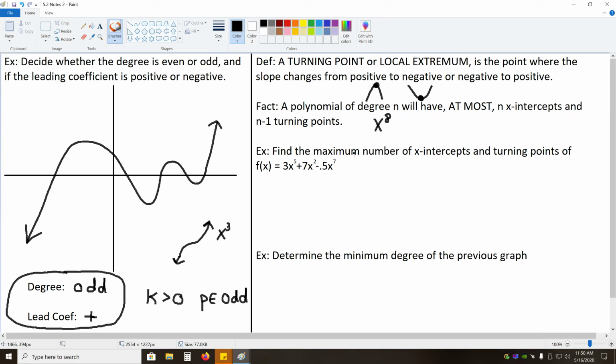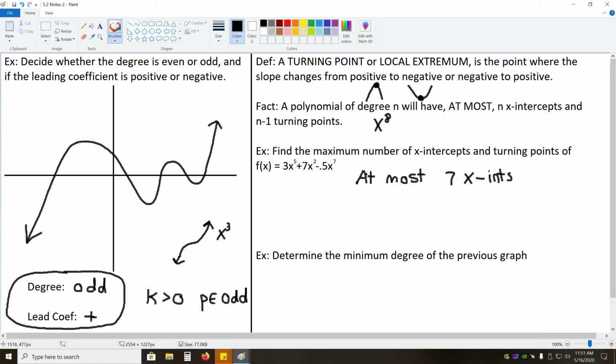So let's go ahead and try an example. We want to find the maximum number of x-intercepts and turning points of f of x equals 3x to the 5th plus 7x squared minus 0.5x to the 7th. Take a moment, pause the video, see if you can decide. Okay, so trying this together, there are at most 7 x-intercepts, and we know that because the degree is 7.